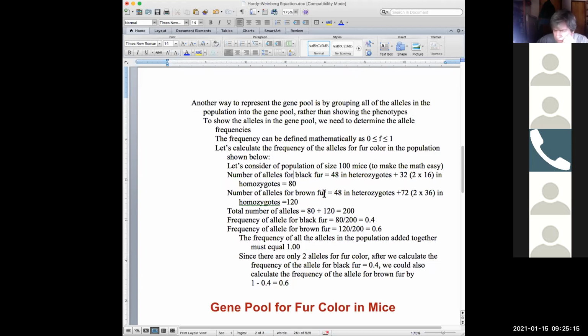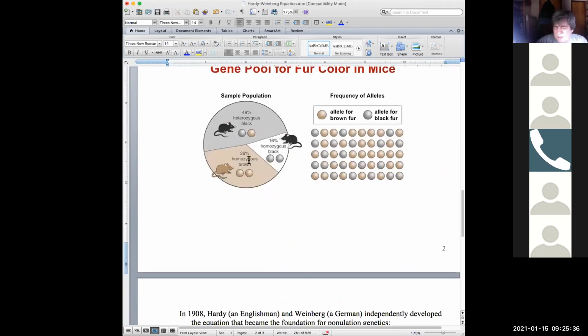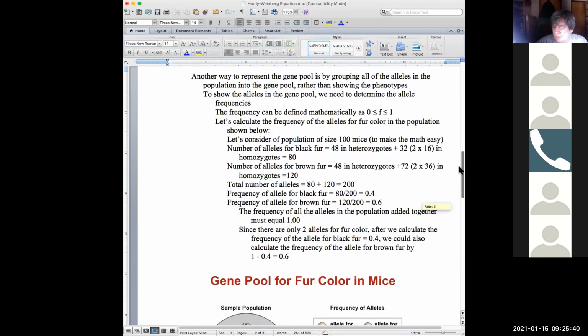Now, we can do the same thing for brown fur. We have 48 alleles for brown fur in the heterozygotes. Notice this is the same as black fur because heterozygotes, by definition, have one allele for black fur, one allele for brown fur. And we have 72 alleles for brown fur in homozygous brown mice, because it tells us there are 36% of these.